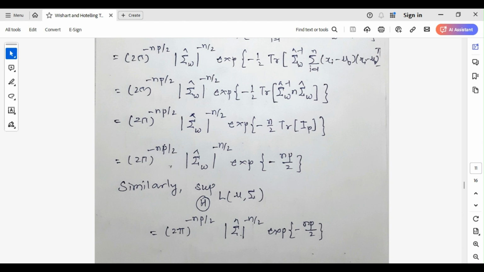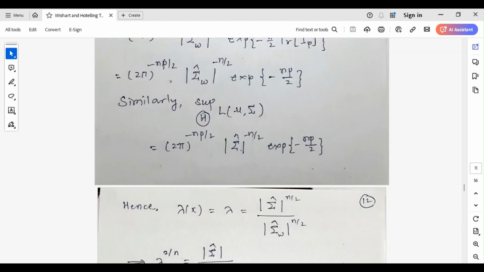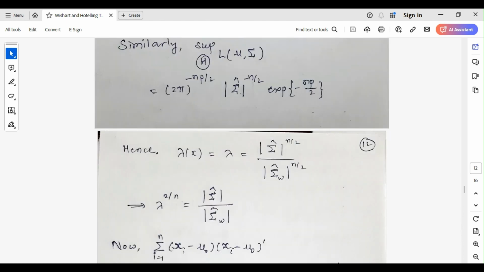So when we take the ratio of the two supremums, this exponential term gets cancelled, this 2 pi raised to minus np by 2 gets cancelled, and this simply becomes determinant of sigma hat raised to n by 2 upon determinant of sigma hat w raised to n by 2. We are dropping this x from our notation for simplification, but this does not mean that x is not involved on the right hand side. Sigma hat is very much a function of x.